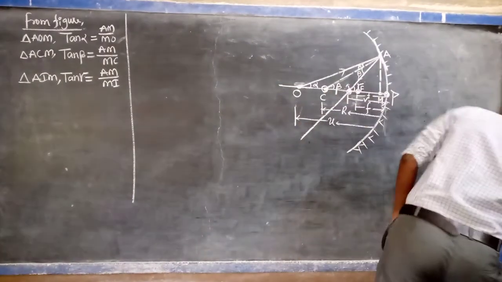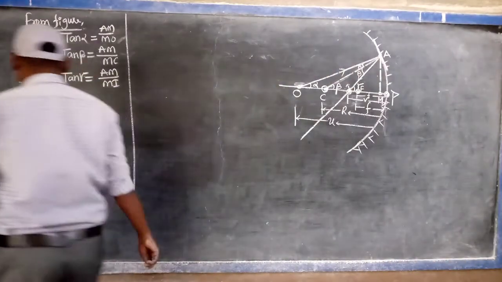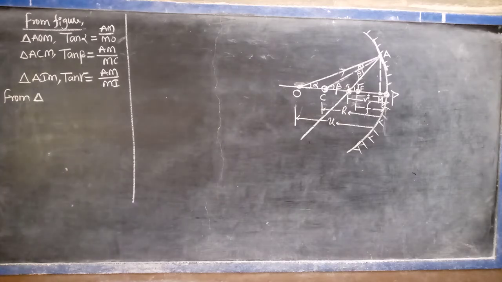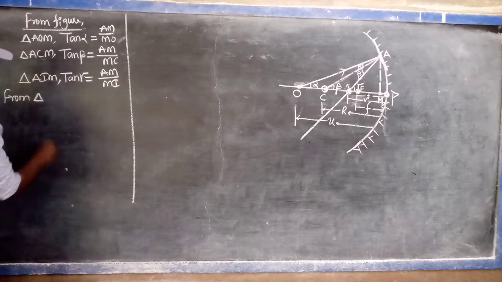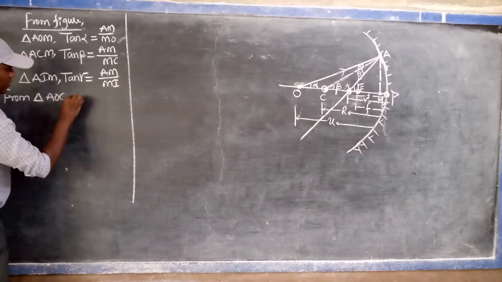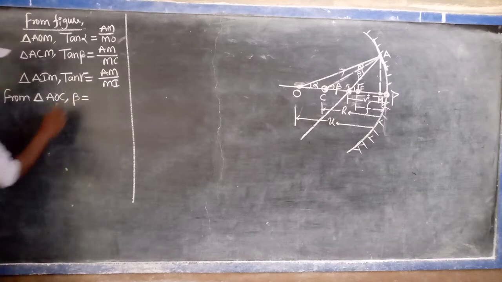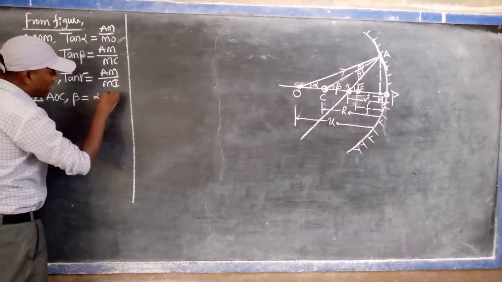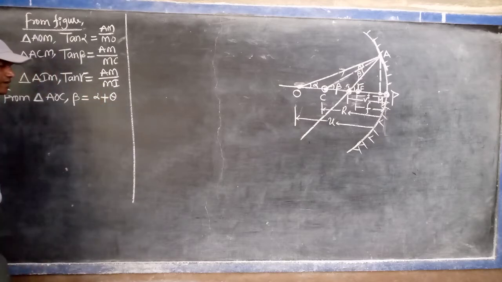So by using that we can write. From triangle AOC, beta, the exterior angle, is equal to the sum of the two interior angles, alpha plus theta.